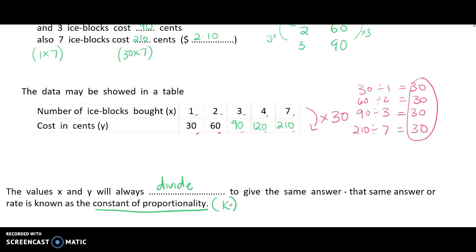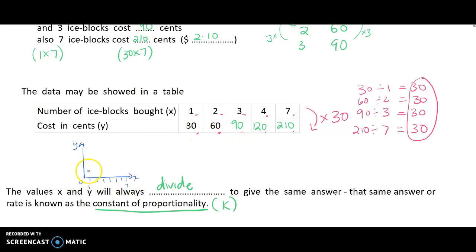Now, if I plot this on a pair of axes, if I draw this on a graph, I'm just going to do a small one over here. That's x, that's y. It's going 1, 2, 3, 4, 5, 6, 7, right up to 7.